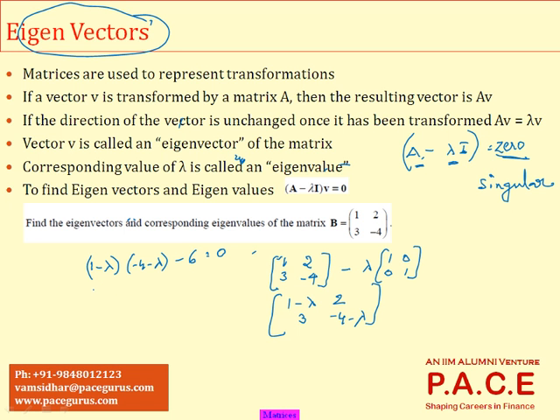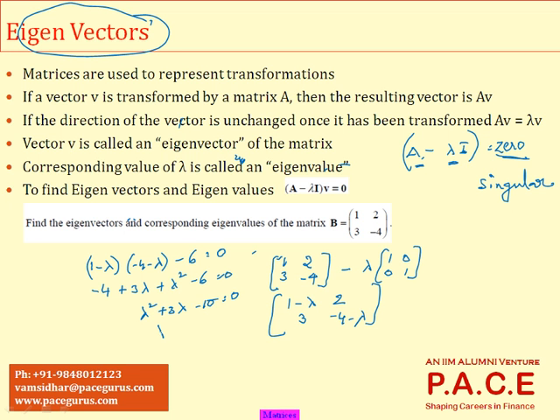Multiply it. 1 into minus 4, minus lambda plus 4 lambda gives me plus 3 lambda, plus lambda square minus 6 equal to 0. So making it lambda square plus 3 lambda minus 10 equal to 0.